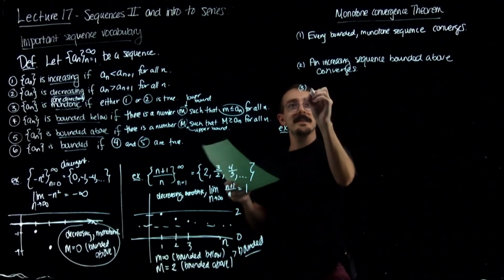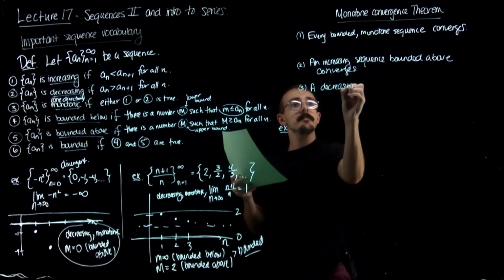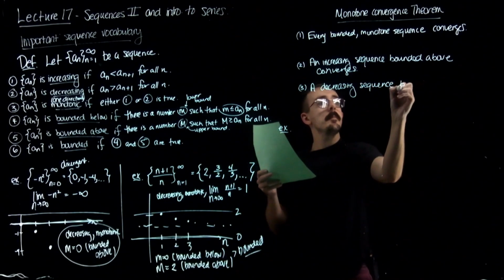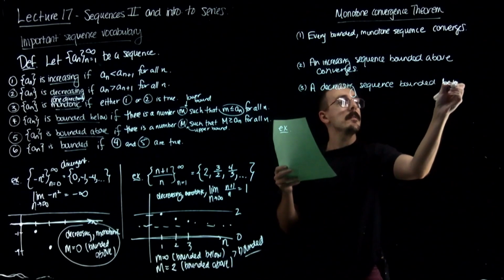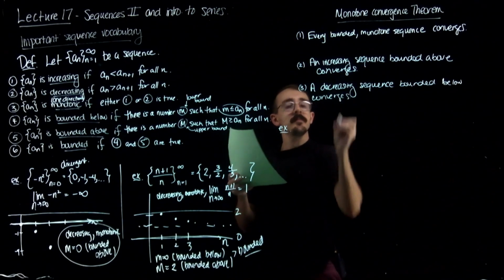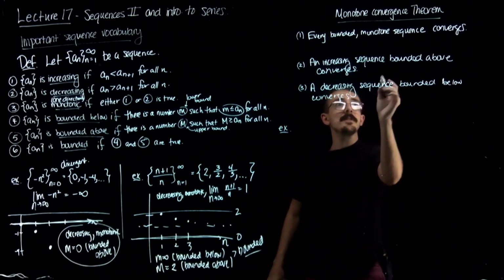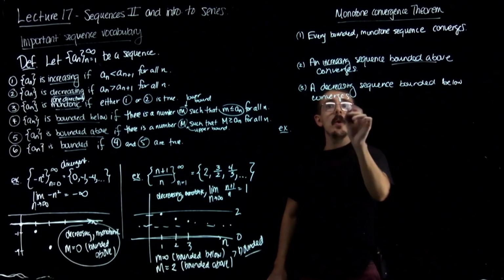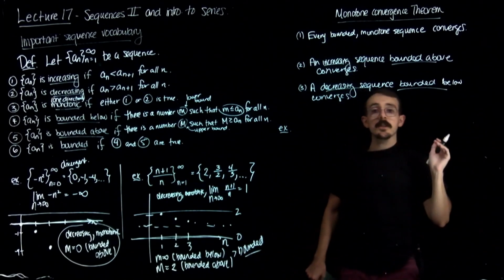And then the other one is a decreasing sequence bounded below converges. So there's very specific adjectives you need. You need it to be bounded above and increasing, or you need to be bounded below and decreasing for your sequence to converge to something.